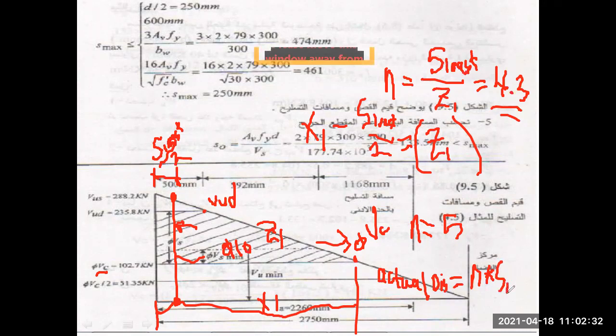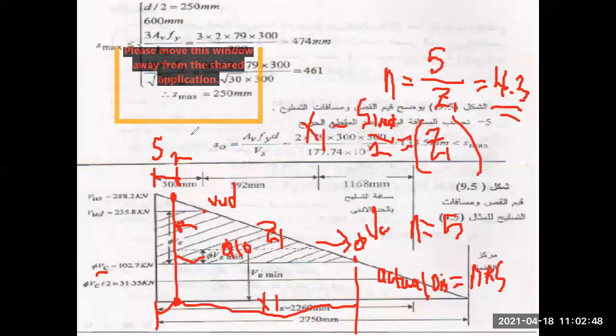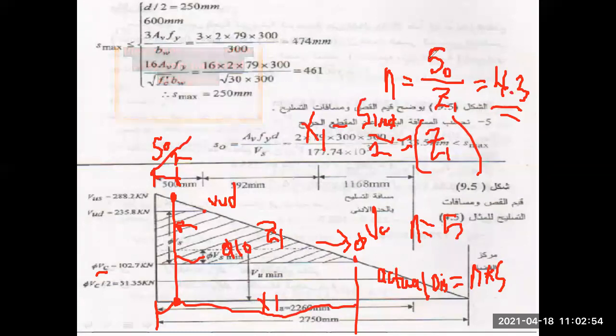We don't need to call it S least, because S naught is the one we have decided on. You don't need to call it S least and S most. There's no S most, in fact. It's all S least, so you call it S naught. This is the one that you have decided on.